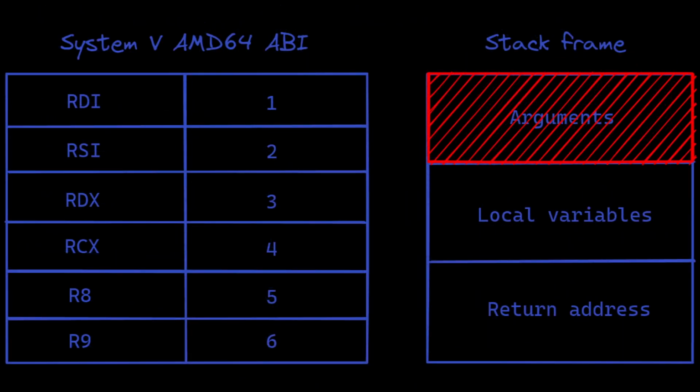Second of all, there is something else we need to talk about before digging into stack frames. As I said earlier, in a stack frame, there are some function parameters or arguments.